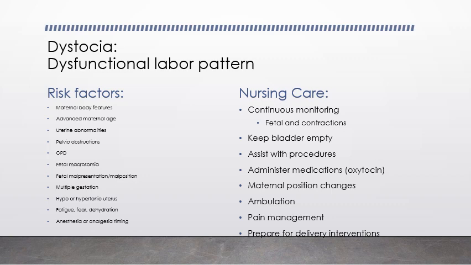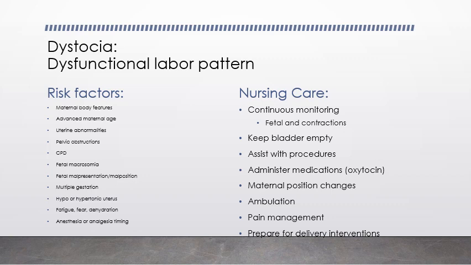Usually the uterus looks like a pear, but sometimes women's uterus develops like two horns, and there might be a septum in the middle of the uterus. Sometimes it's just one horn of a uterus. So any of those uterine abnormalities can cause dystocia.